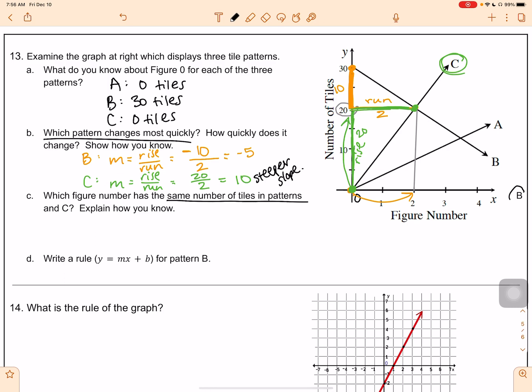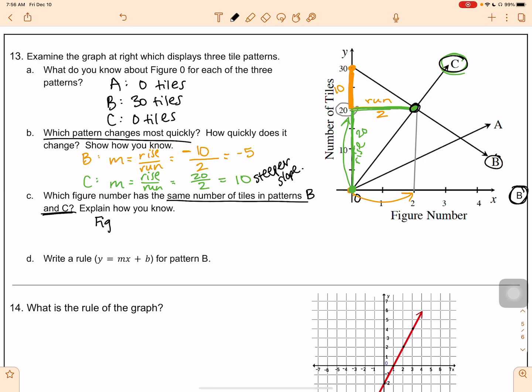Oh, it's way over here, my bad. Patterns B and C. Explain how you know. So we see here there's an intersection for B and C, and that's figure 2 with 20 tiles.